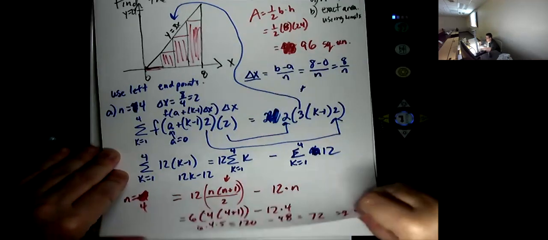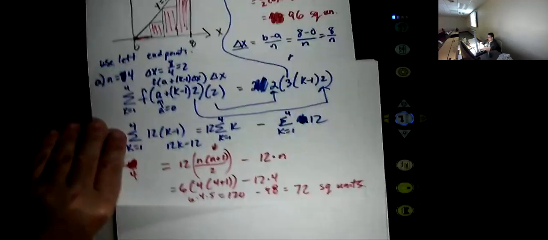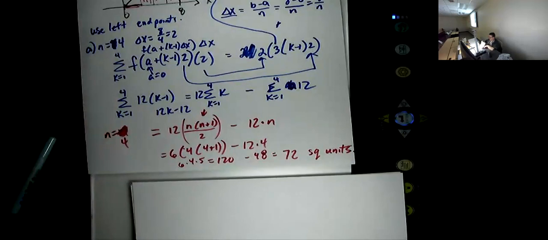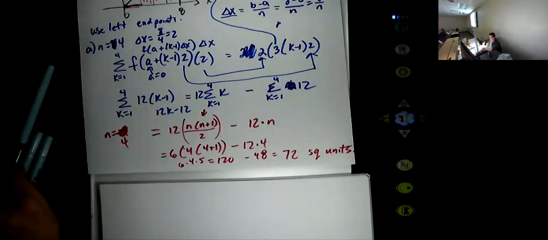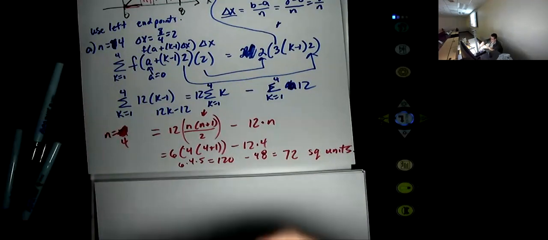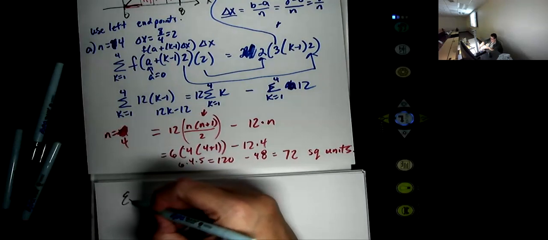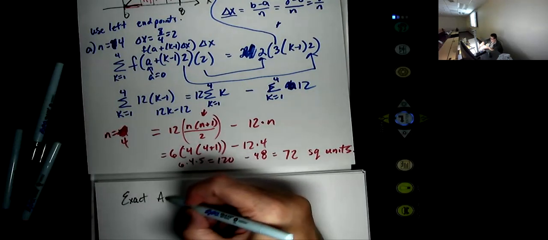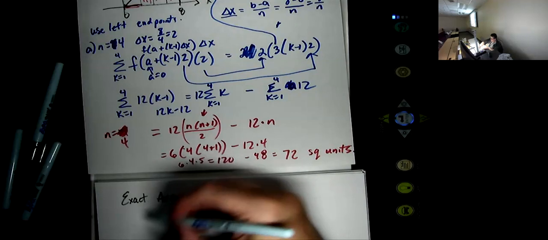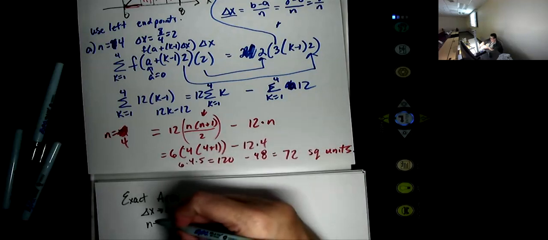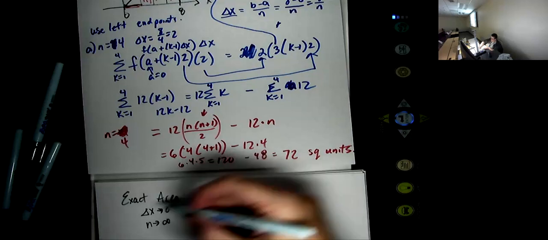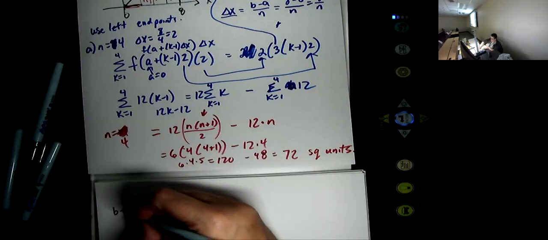Let's look at doing the exact area using limits. So the exact area should be if delta x goes to 0, n goes to infinity to make that happen, because delta x is b minus a over n.